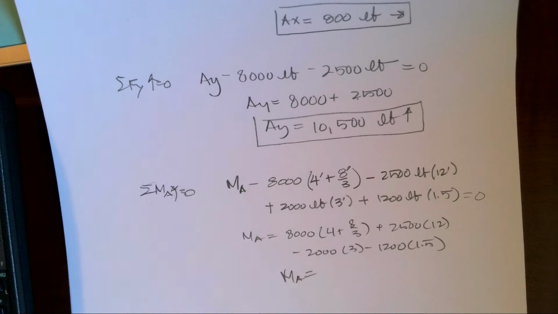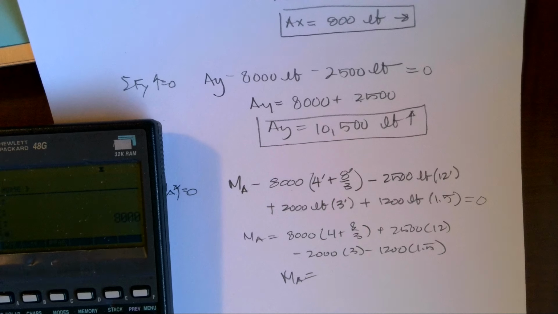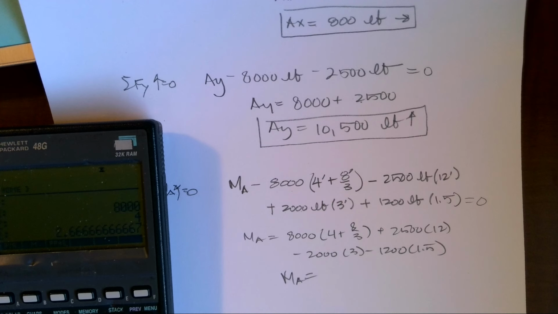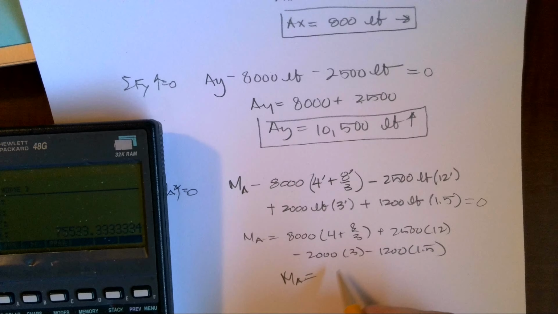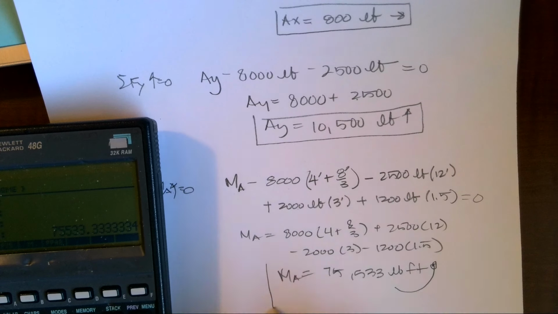So I have 8,000, 4 enter, 8 enter, 3 divided by, plus, times 2,500 enter, 12 times 2,000, change sign enter, 3 times 1,200, change sign enter, 1.5 times, plus, plus, plus. And I get 75,533 pound feet. I got a positive value, so I do indeed have counterclockwise rotation. And there's our final answer.